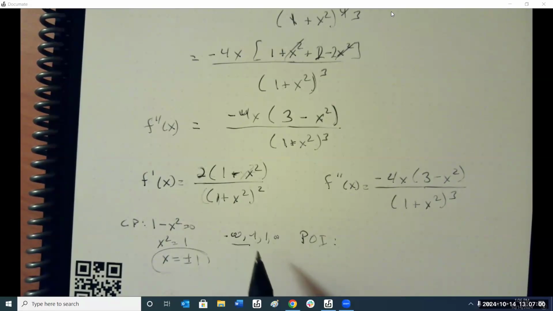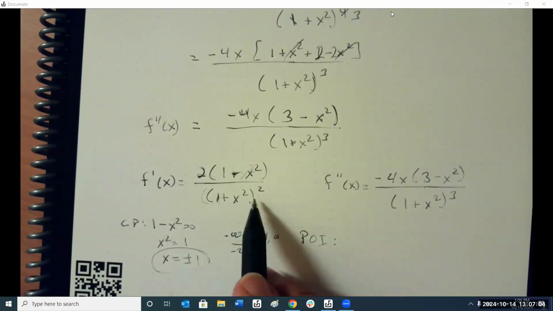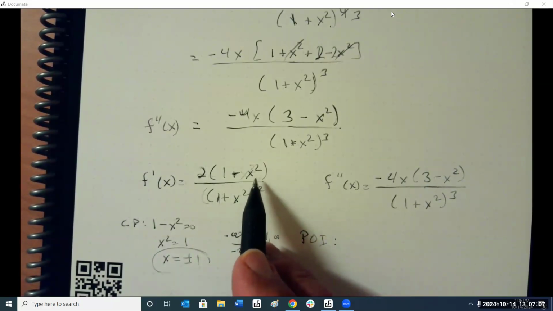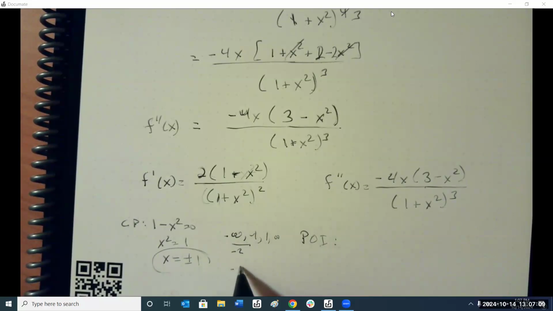So at this interval, at negative 2, it's positive on the bottom and negative on top, so it's decreasing.